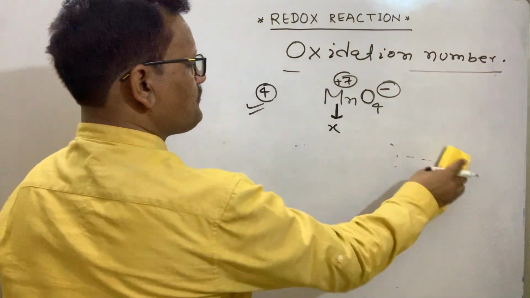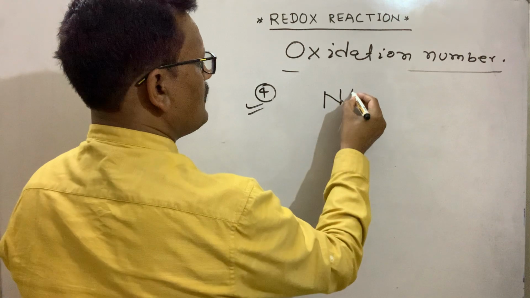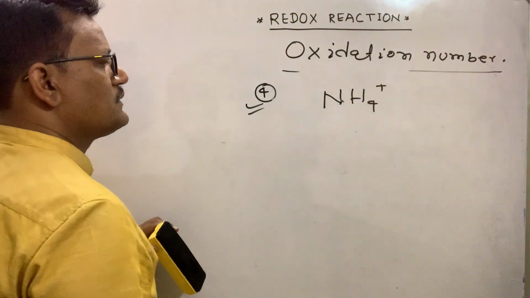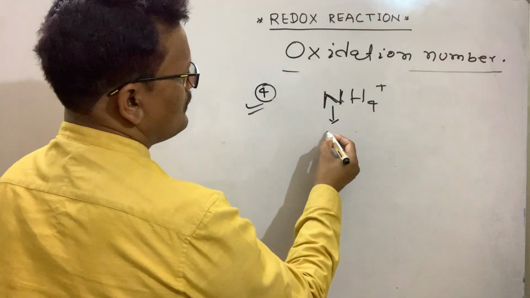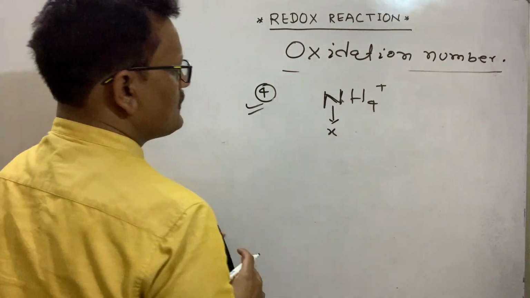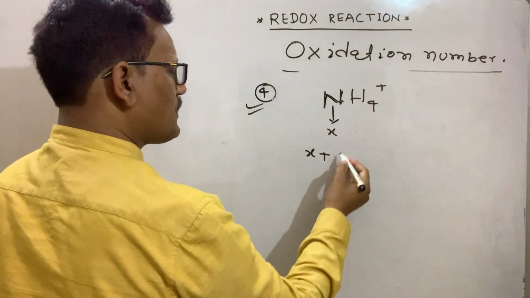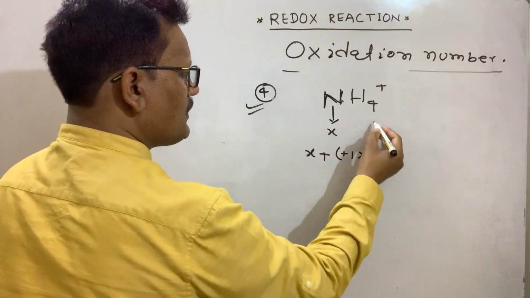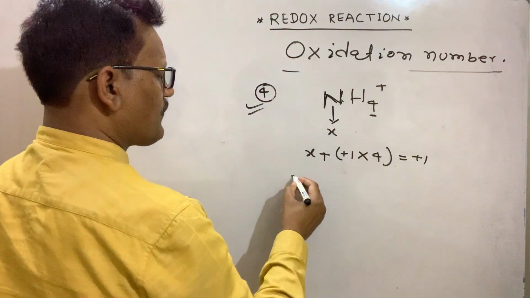Similarly, this is the ammonium ion. And for N it is x. So x plus, for hydrogen we know +1 multiplied by 4, equals +1.